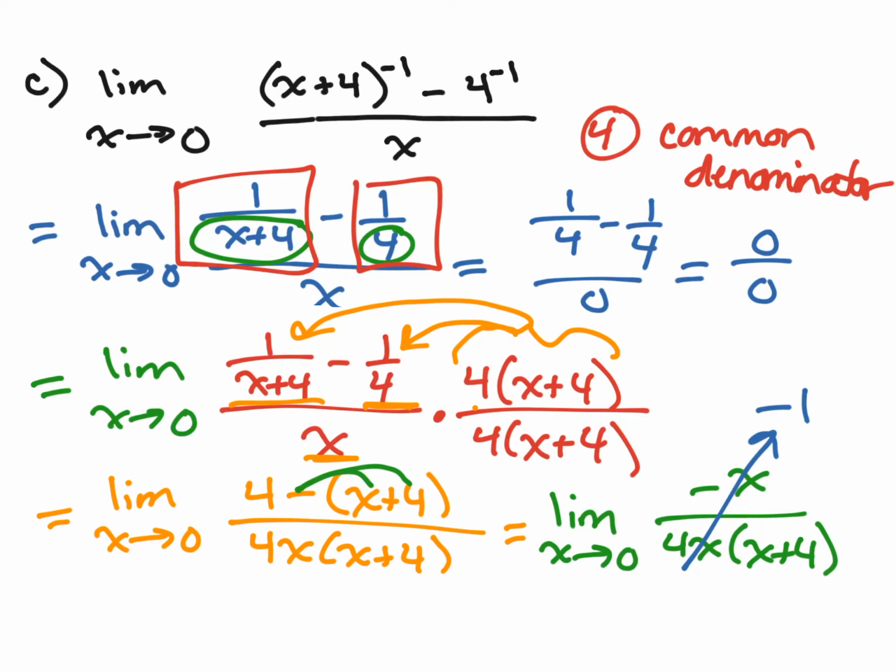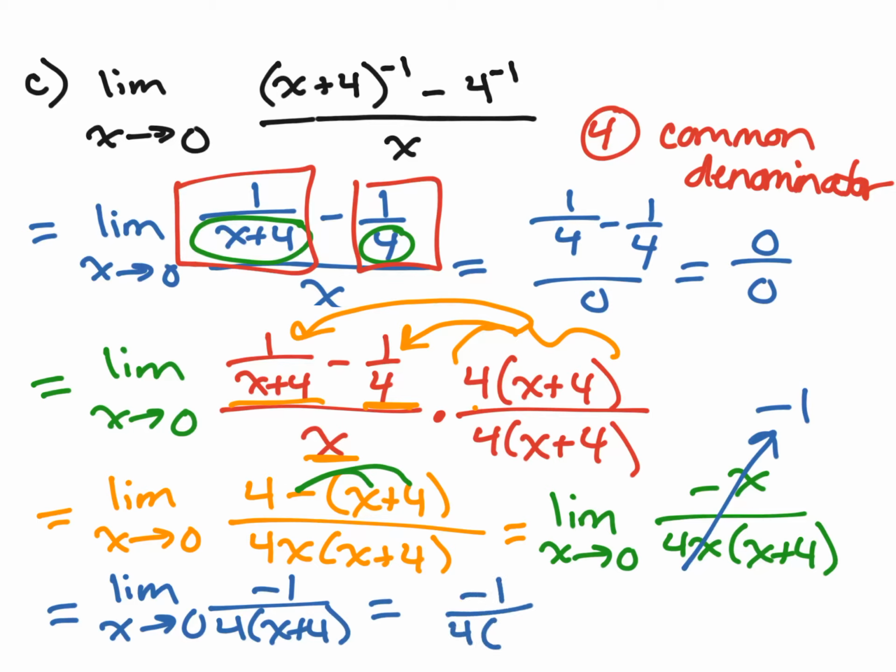So I got rid of that thing that was making my denominator equal 0. And now I have the limit as x approaches 0 of negative 1 over 4 times x plus 4. We do the direct substitution. I get negative 1 over 4 times 4. So the answer is negative 1 over 16.